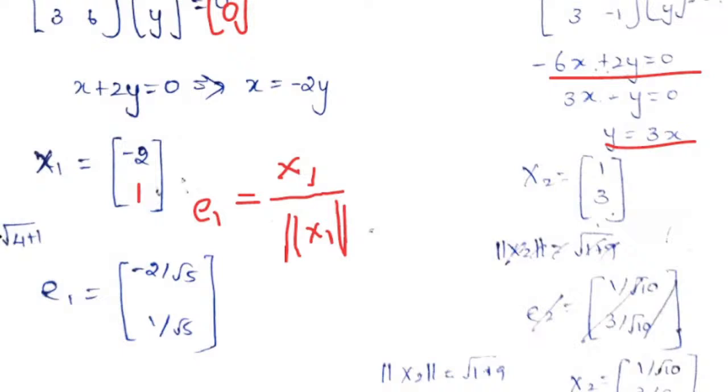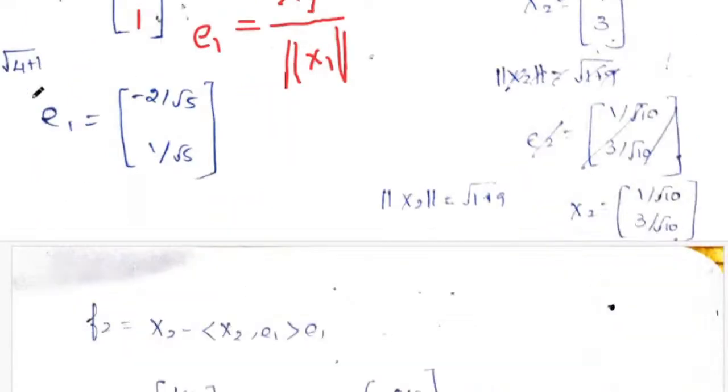Here norm of x1 is the square root of minus 2 the whole square, which is 4, plus 1 square, which is 1, which is nothing but root 5. So E1 will be (minus 2 by root 5, 1 by root 5). Let us take the norm of x2, which is root of 1 plus 3 square, 9, which will be 10. So E2 will be (1 by root 10, 3 by root 10).